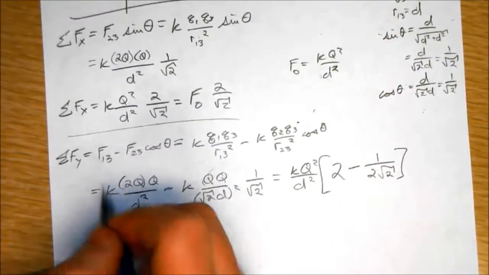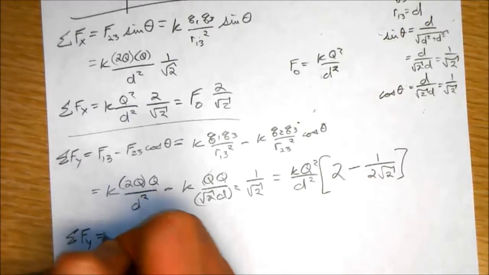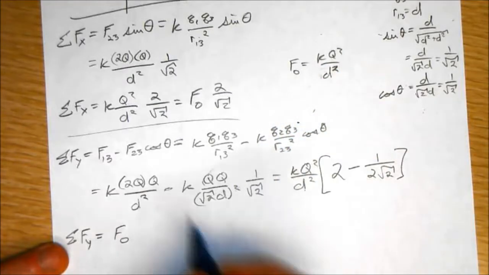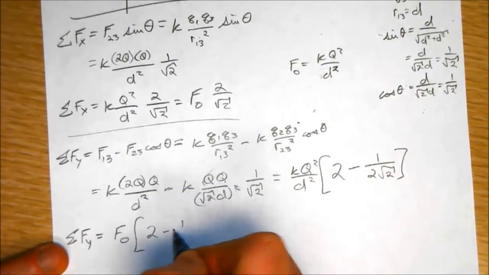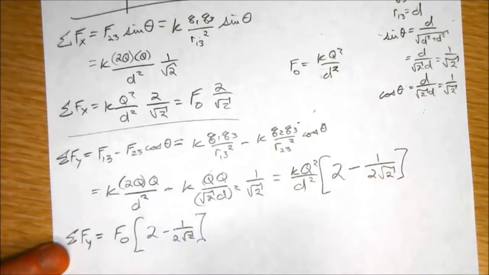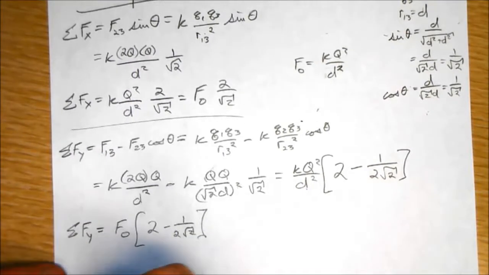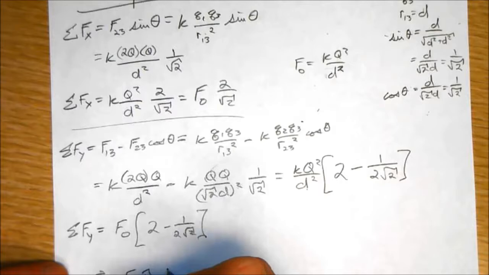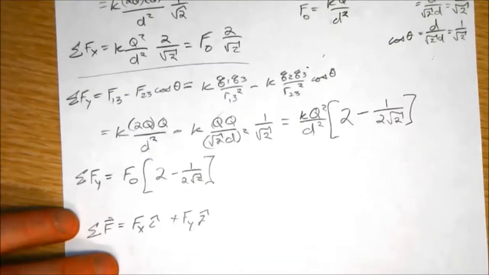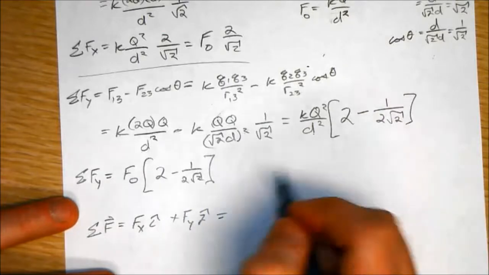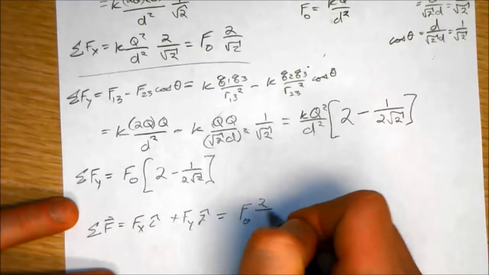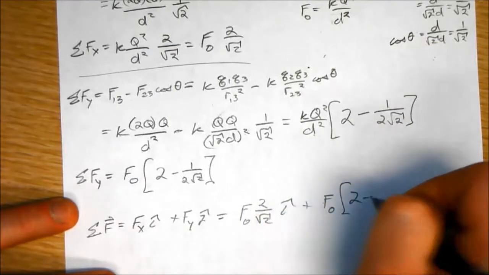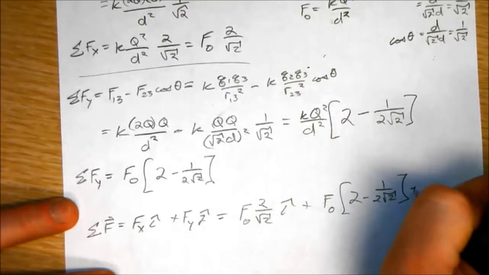If you want to make the fancy little simplification, I can say Fy is equal to F naught, which is what I called it, times 2 minus 1 over 2 square root of 2. The question asks for your final answer in unit vector notation. So the sum of all the forces equals Fx i hat plus Fy j hat. That's just going to equal F naught 2 over root 2 i hat plus F naught 2 minus 1 over 2 root 2 j hat.